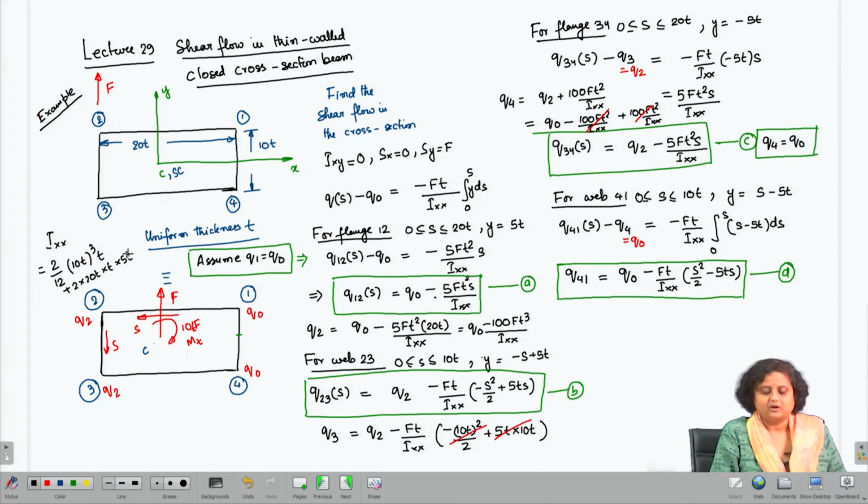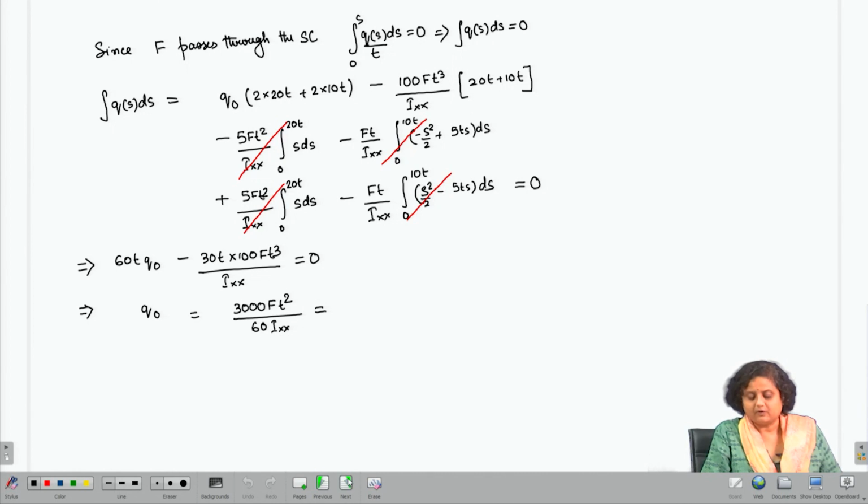So, we can always evaluate Ixx, and therefore this can be written as 50 F T square by Ixx.